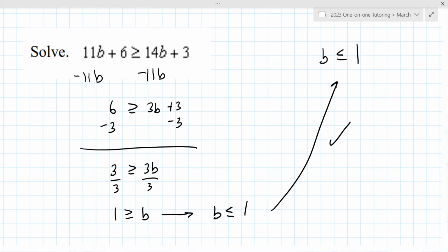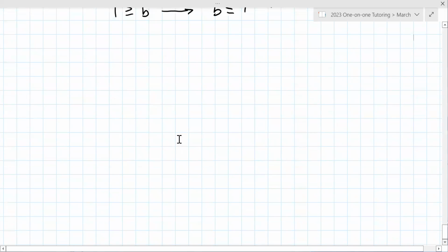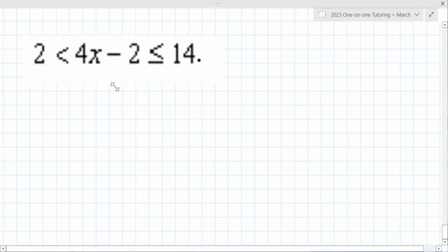All right, so let's now talk about, I think we got to this last time, a compound inequality. So this is considered a compound inequality. And it can actually appear in a couple of different forms. This is just one of them.